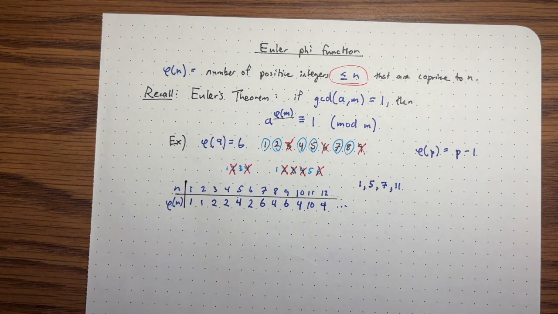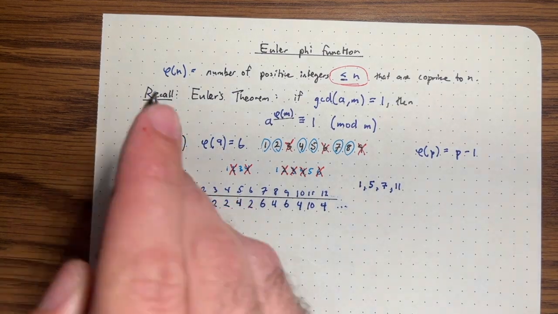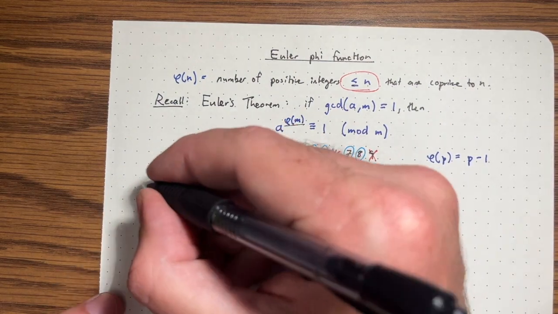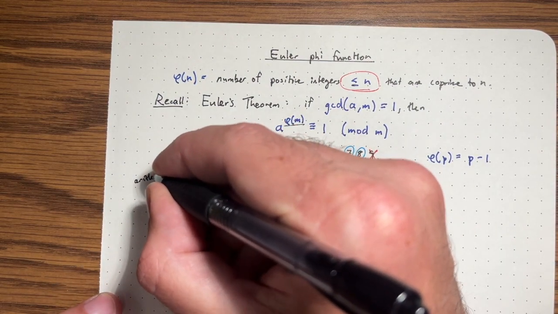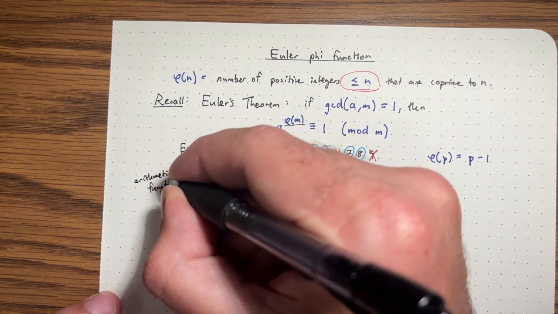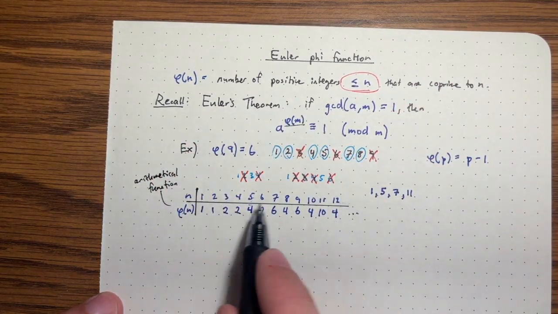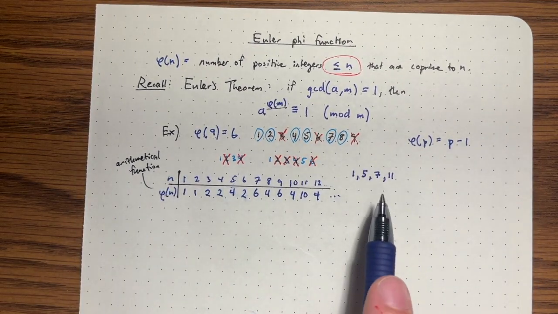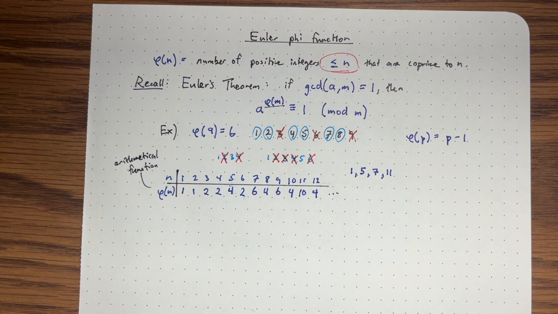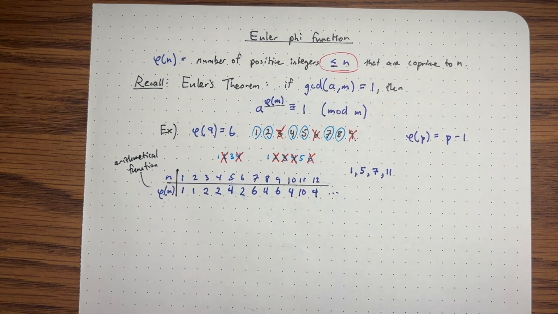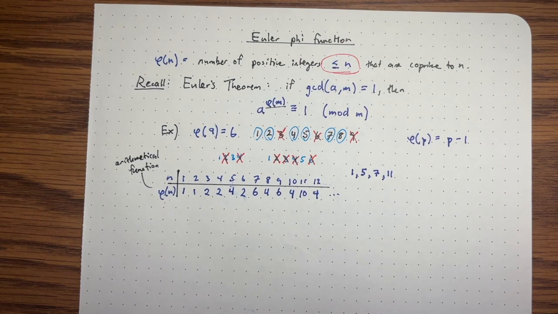And so usually when we have an arithmetical function, so this is an example of an arithmetical function, it's just a fancy word for a function defined on the natural numbers, like that. Right, so when I have an arithmetical function, often the first question I want to ask is, is this a multiplicative function?